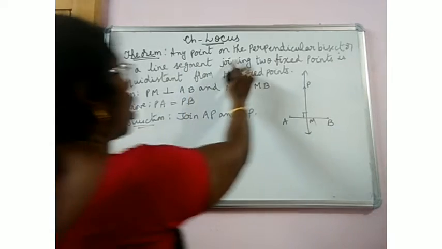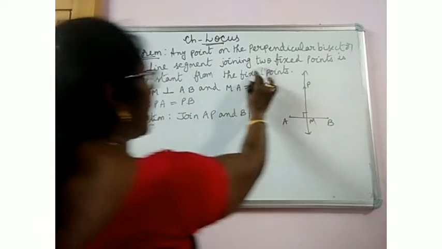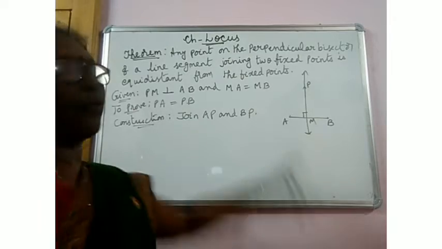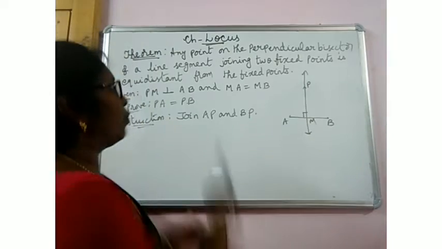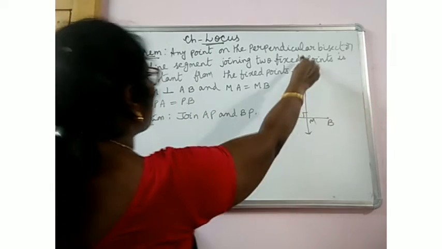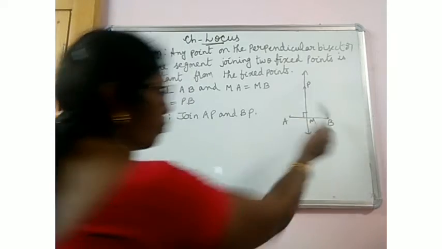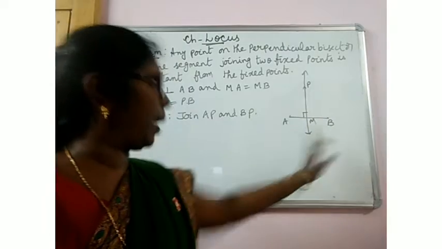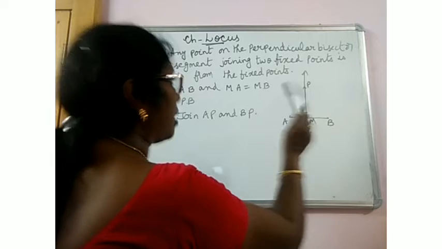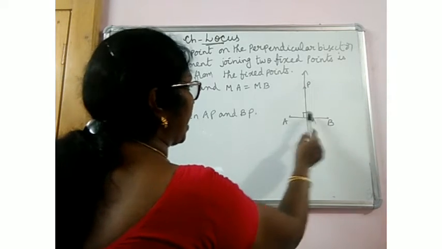Any point on the perpendicular bisector of a line segment joining two fixed points is equidistant from the two fixed points. What is given? A and B are two fixed points, joined by a line segment. PM is the perpendicular bisector of AB, that is, PM is perpendicular to AB and AM is equal to MB.